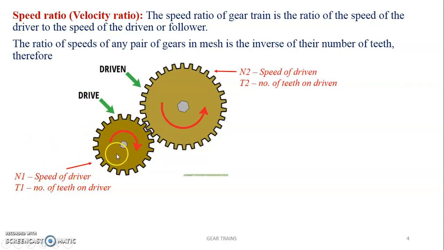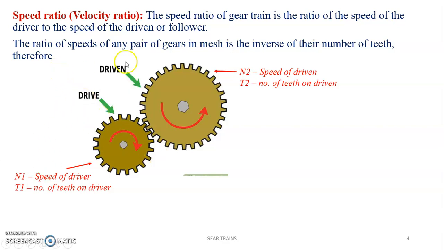Let n2 be the speed of the driven gear, also known as the follower, and let t2 be the number of teeth on the driven gear. The bigger the size of the gear, or the larger the diameter, the more is the number of teeth.